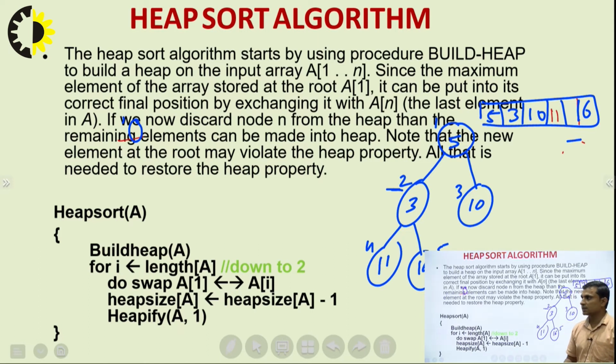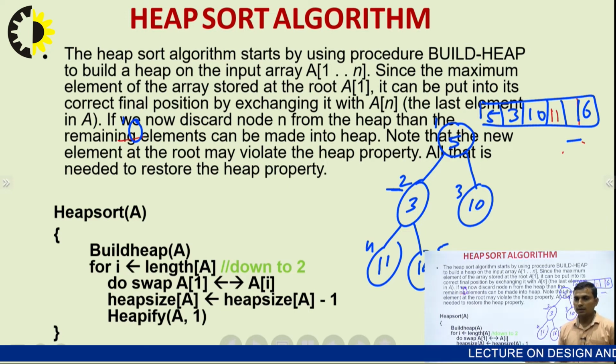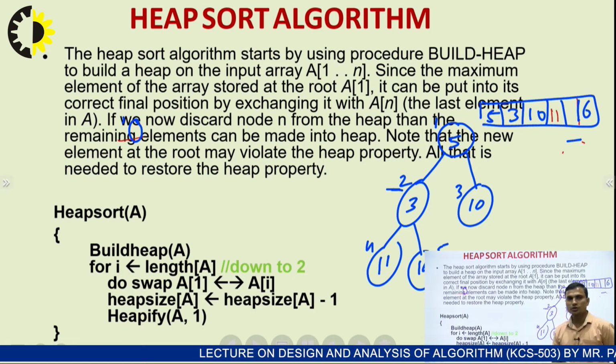So now we restore the heap order from the element available at the root. It is a very simple operation: we swap the top element, the root element, with the last element. In that case the maximum element goes to the last position, and we reduce the heap size so that we will not work on the last element, and then we restore the heap property.